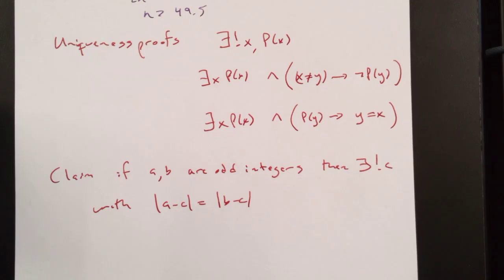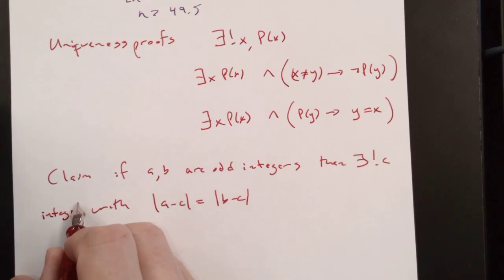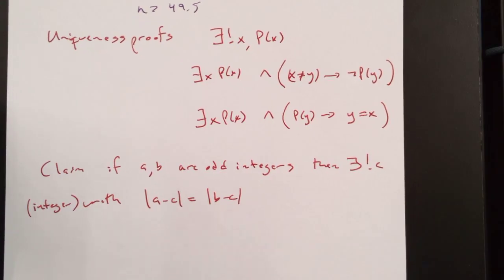If a and b are odd integers, then there is an integer c. I didn't write that down. I wrote down there exists a c. I should say c is an integer, where c is the same distance from a as it is from b.